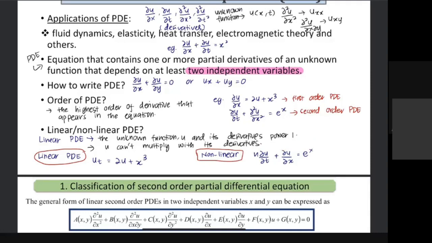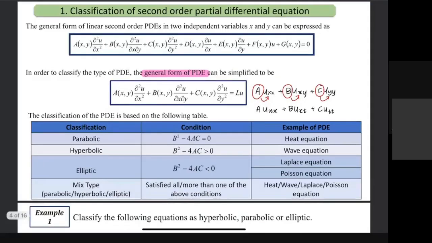Then we move to how to classify linear second order partial differential equation. This is the general form of a linear second order PDE in two independent variables x and y. We have A multiplied with del square u over del x square, so remember, A is the coefficient of del square u over del x square. Susunan dia mesti macam ni.